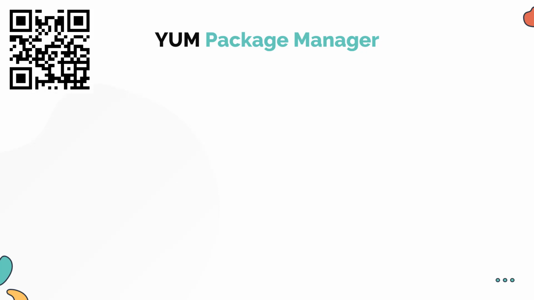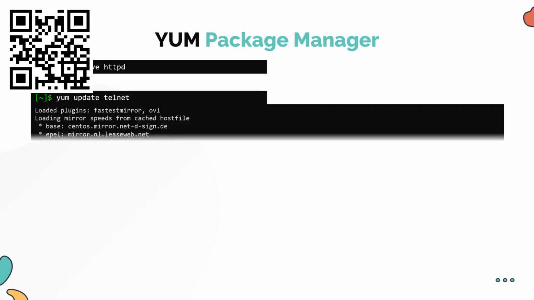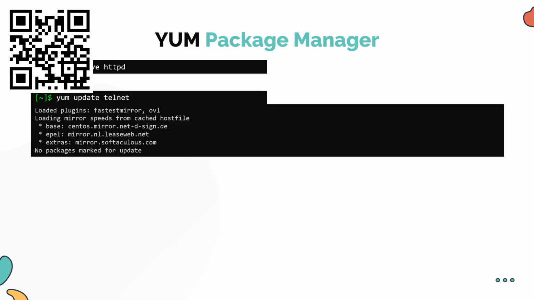We already saw that we can use the yum install command to install a package. To remove it, use the yum remove command. If you want to update a single package, use the yum update command with the package name. For example, here we are attempting to update a single package for Telnet. However, it's already in the latest version in the repository, and as a result, no action is taken.